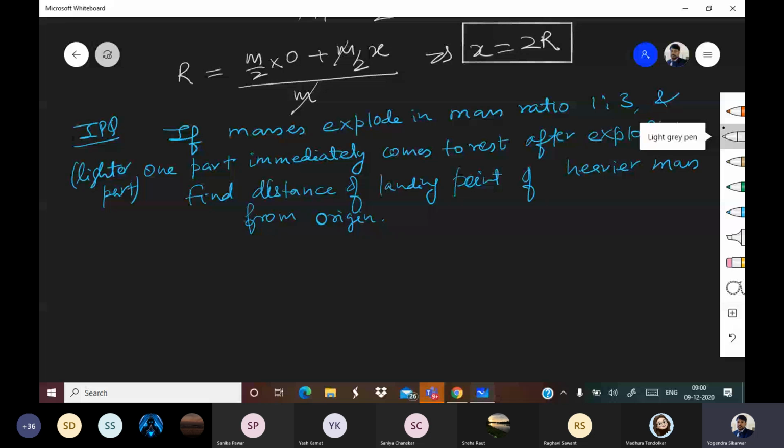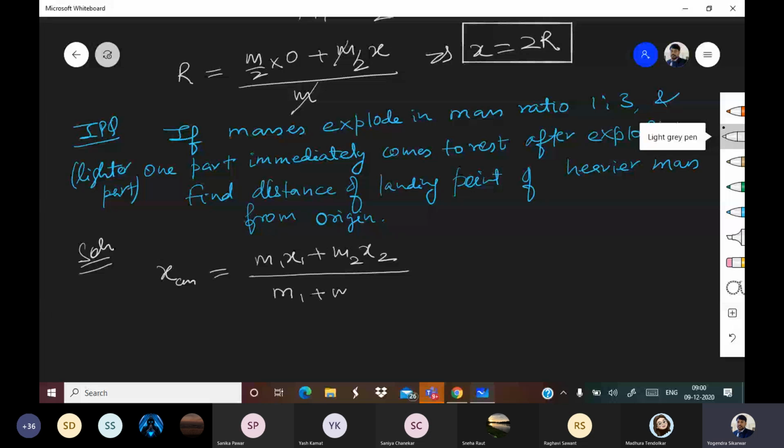Okay, people are saying 7r by 6. Let us see. So again, the formula will be the same. RCM or XCM will be (M1 x1 + M2 x2) upon (M1 + M2). What is the value of XCM?